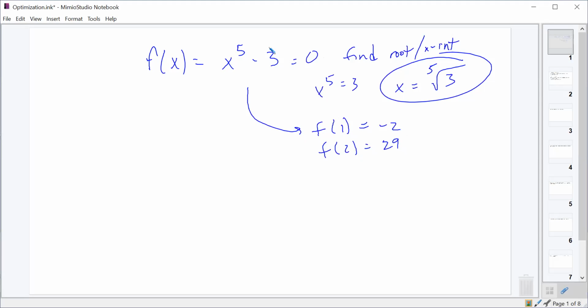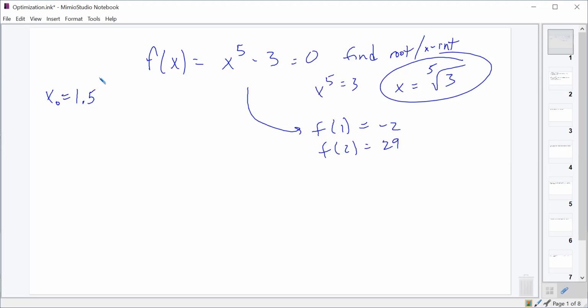Since this is a polynomial, the function is continuous for all real numbers, so it must cross the x-axis somewhere between 1 and 2, because the y values went from negative to positive. The IVT says a good place to start would be, maybe 1.5? Sound good?